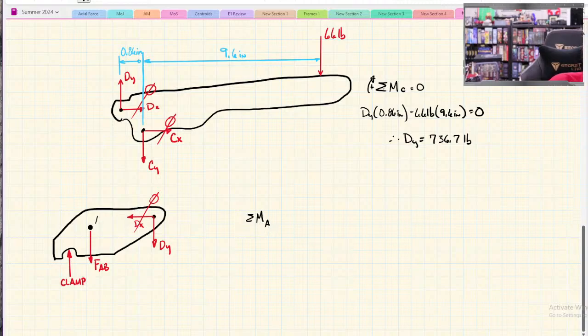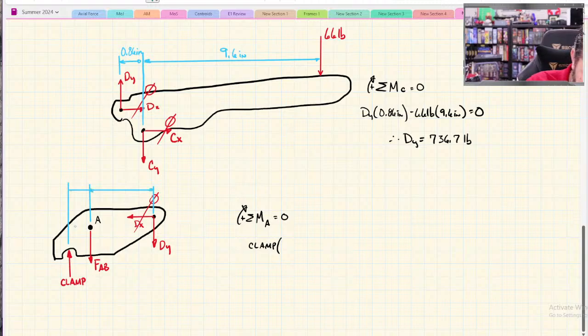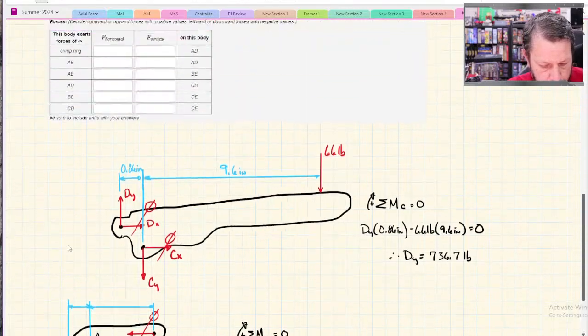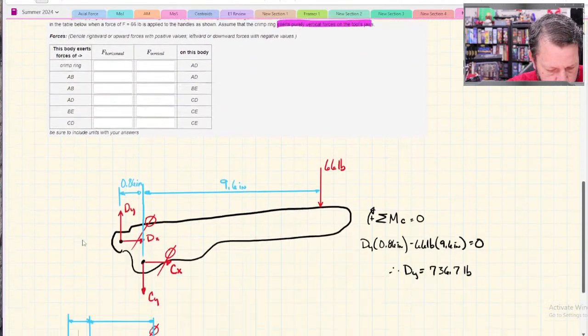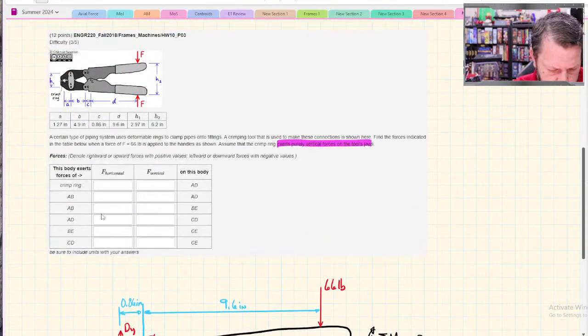I can take that DY to the other piece, and I can do summation of moments about A, this is point A, and I have the clamping force times, let's see, these distances are 1.27 inches and 4.9 inches.